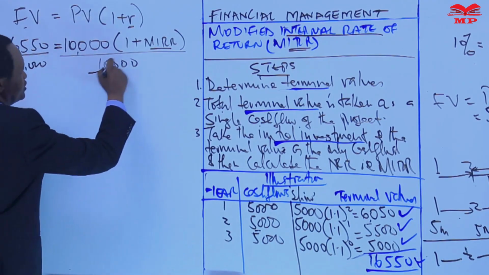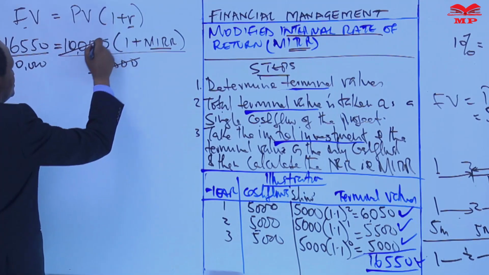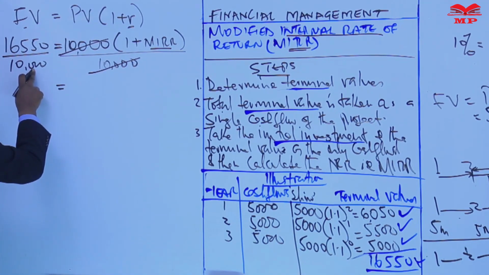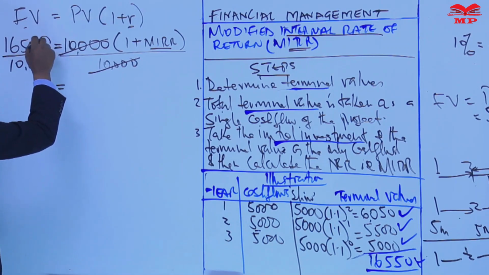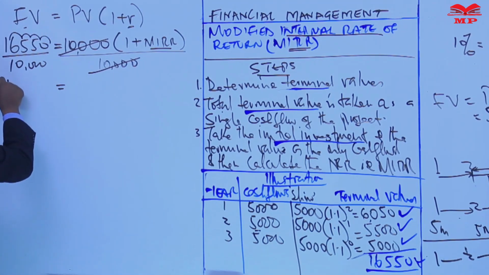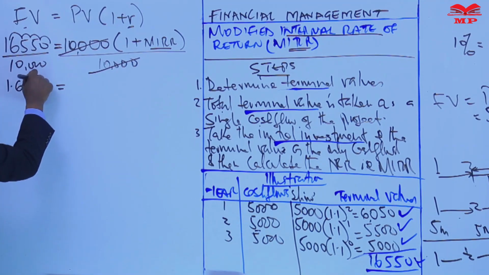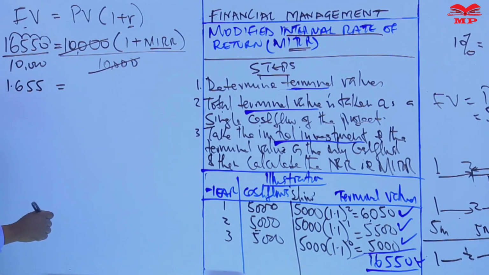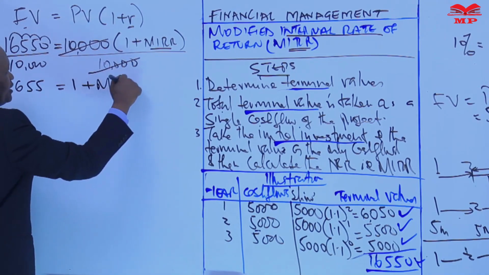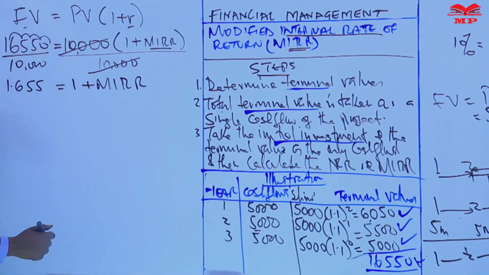So this cancels out with that. How much is this? These are 4 zeros: 1, 2, 3, 4. This will be equal to 1.655. Am I right? Which is equal to 1 plus MIRR.